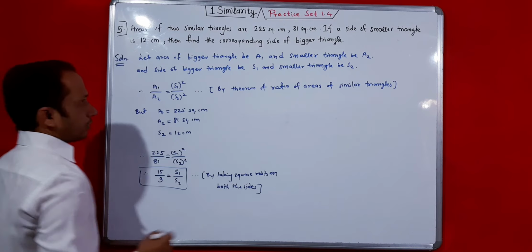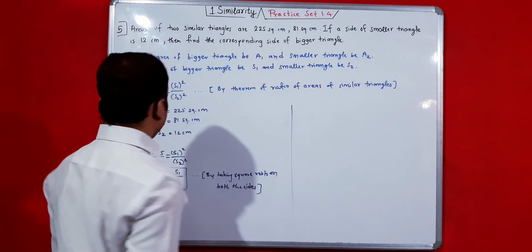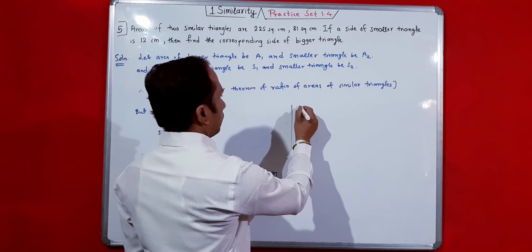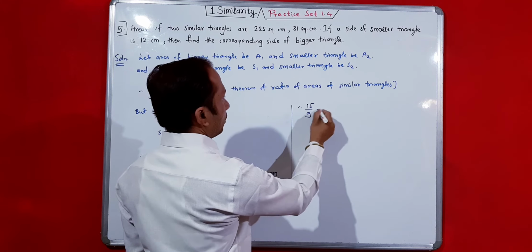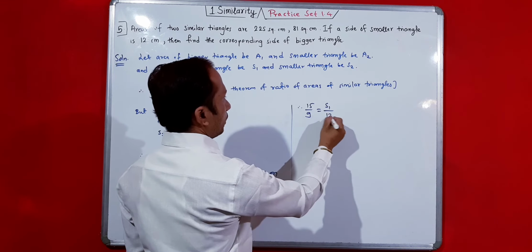Therefore we use that value. Therefore 15 upon 9 is equal to S1 upon 12.